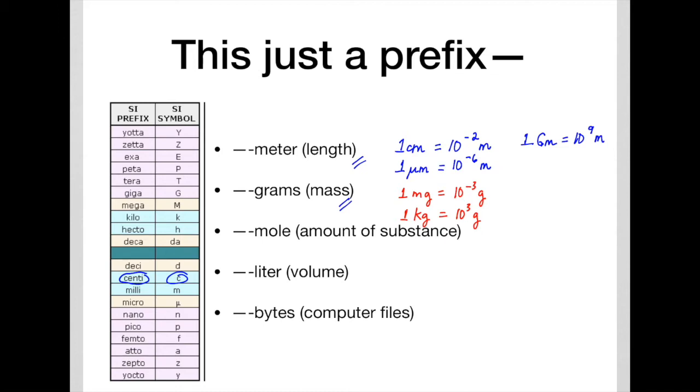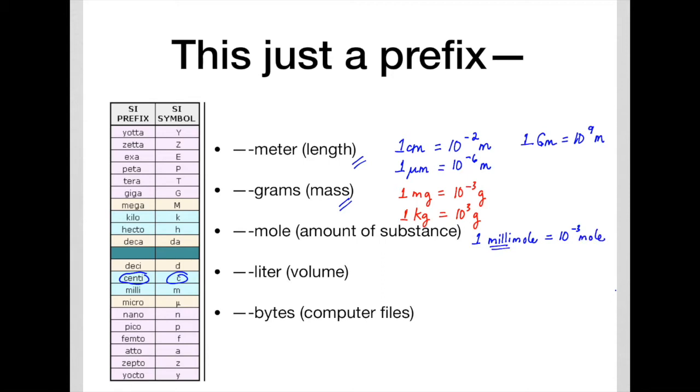How about if it is mole? Let's say I have here 1 millimole. Since milli is 10 raised to negative 3, that is 10 raised to negative 3 mole.